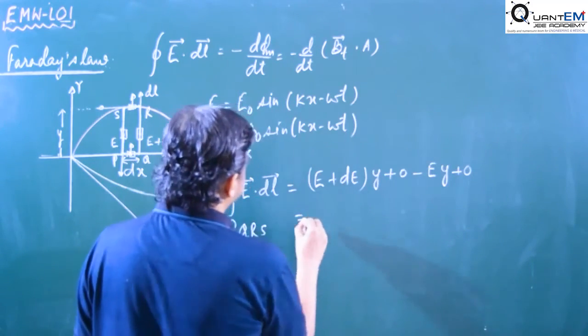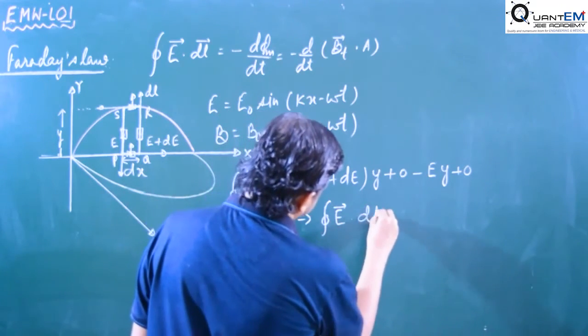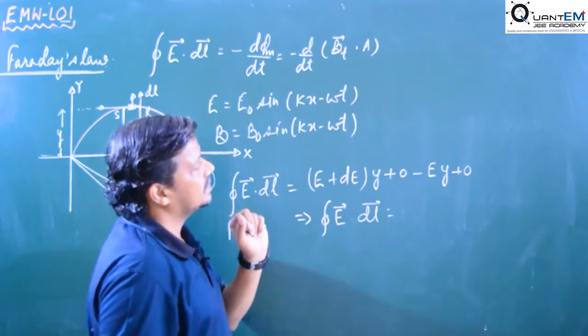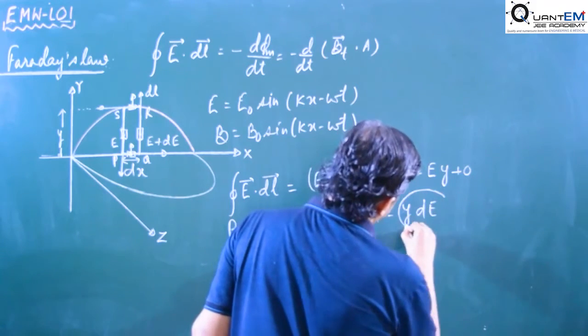So we get E dot dl equal to (E plus dE)y minus Ey, that is dE into y.